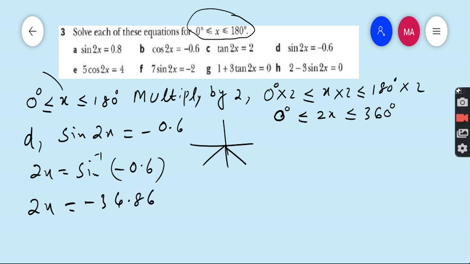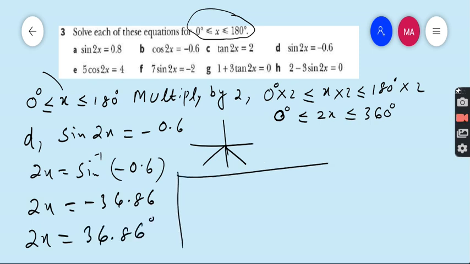But negative angle is not our requirement because the given domain is only positive from 0 to 180. So we consider that this value is positive. That is the definition of basic angle. So when we have negative angle, we should convert it into positive.